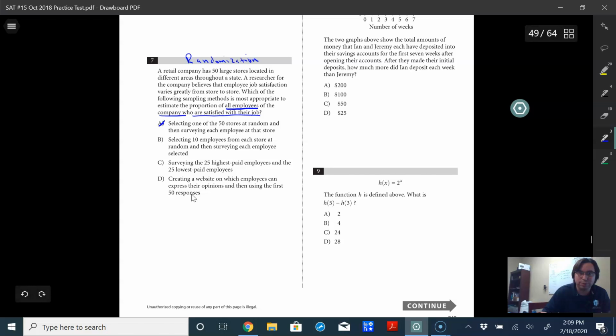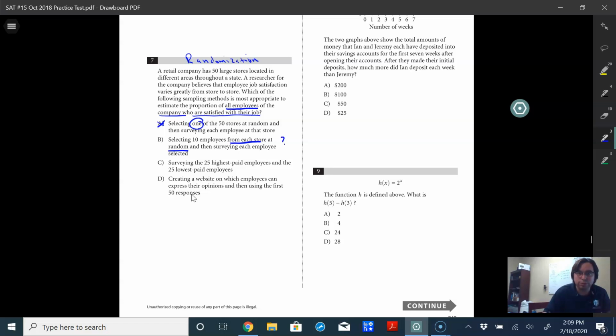No, it can't be, because then you're only looking at one store, and you're not getting a sense of the level of satisfaction from everything. You can't extrapolate from one store and apply it to all 50 stores. B, selecting 10 employees from each store at random, then surveying each employee selected. So yes, that's really good, and there's a good possibility that one could be it. C, surveying the 25 highest paid employees.